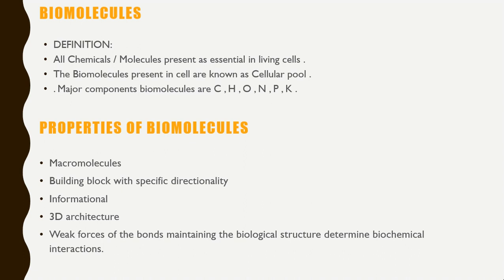All biomolecules remain in a state of flux. What do you mean by flux? They undergo some sort of transformation from here to there. They constantly undergo chemical transformations, and put together we call these transformations metabolism.